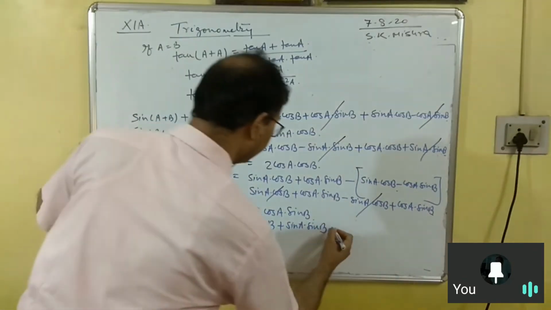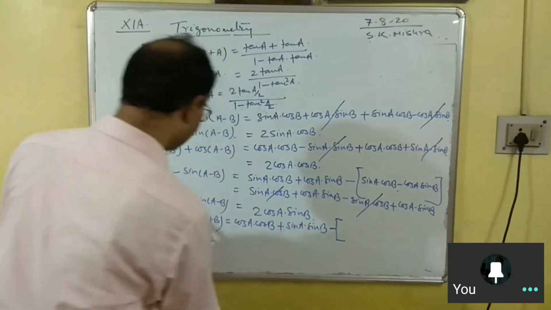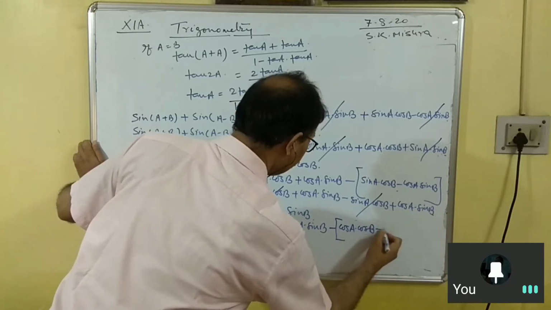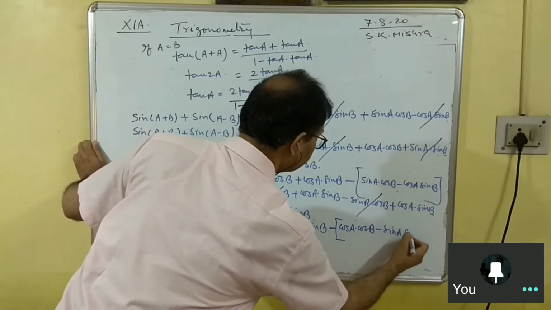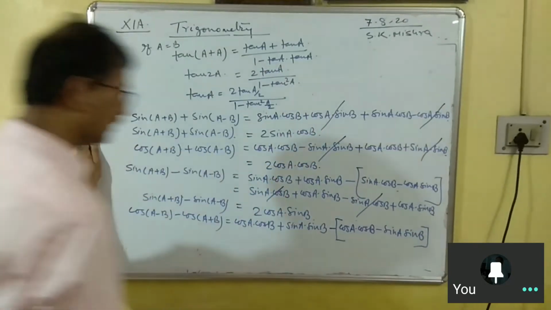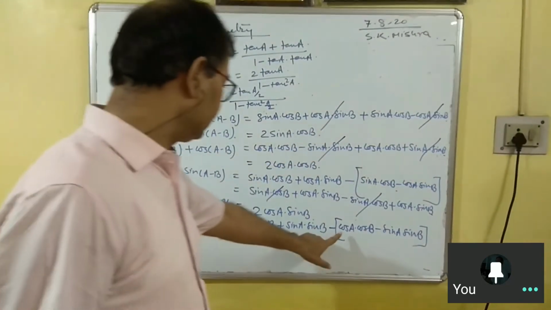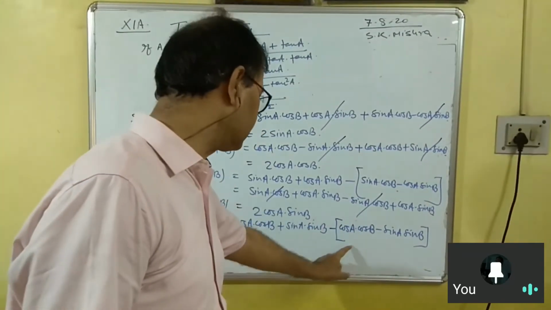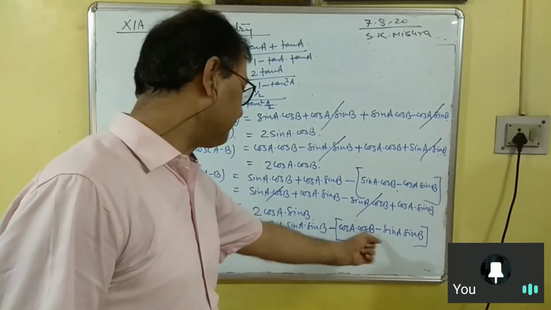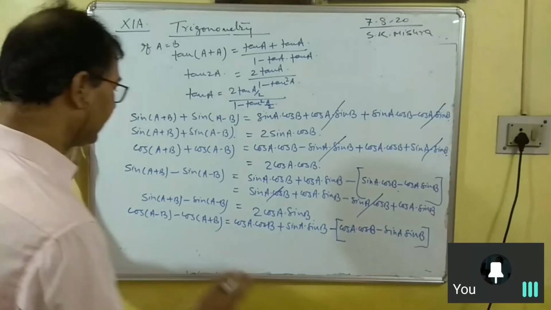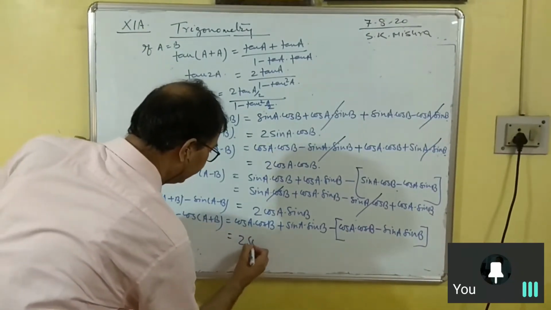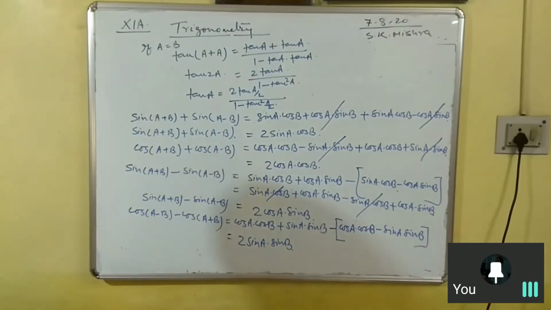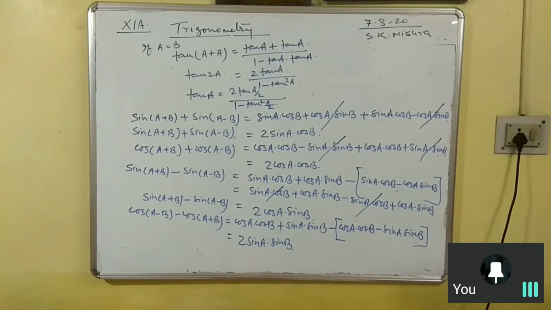So put a negative sign and then put a bracket: cos A plus B is cos A cos B minus sin A sin B. So what do you get? Minus cos A cos B plus cos A cos B, this term will cancel out. Sin A sin B plus sin A sin B, so the final result is 2 into sin A into sin B.